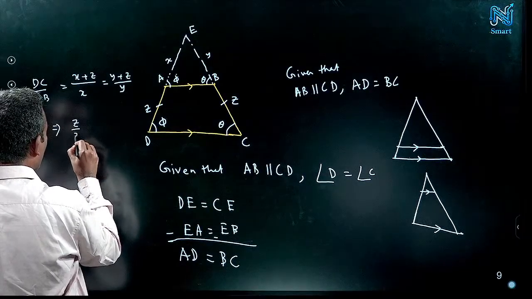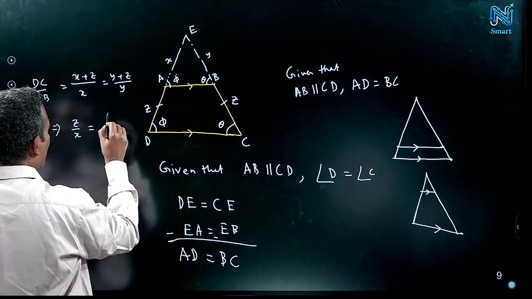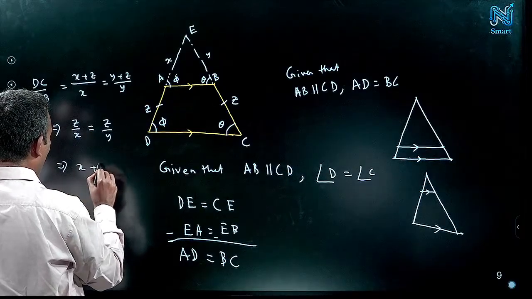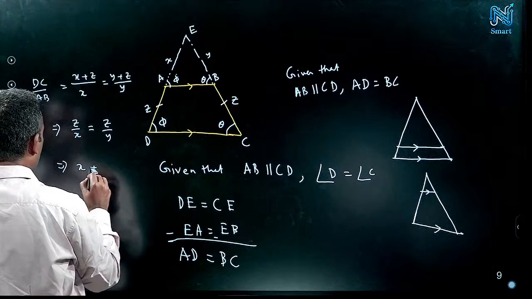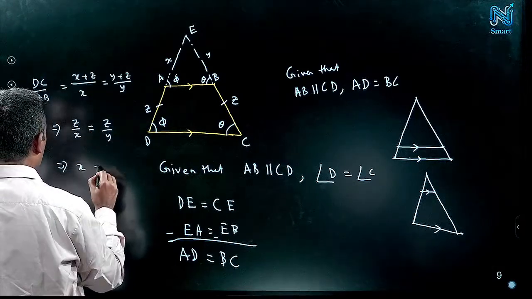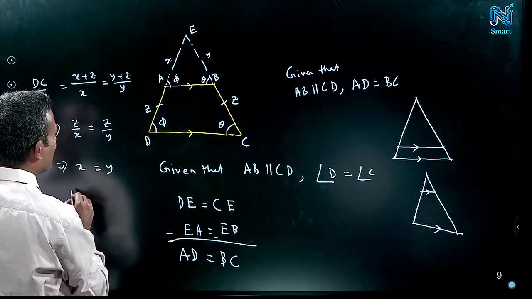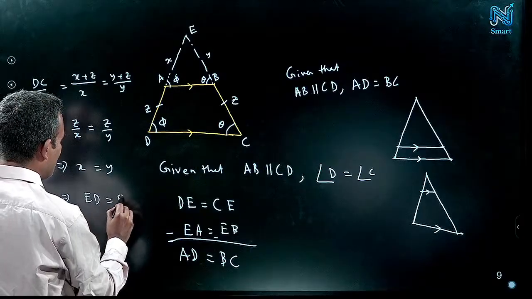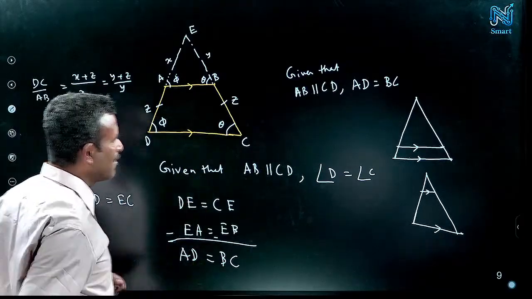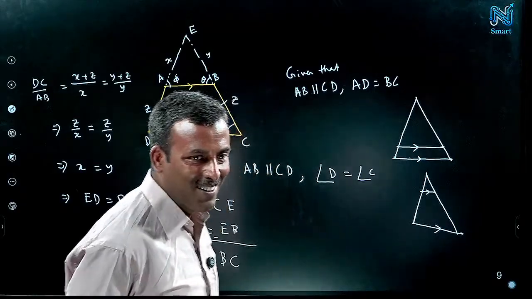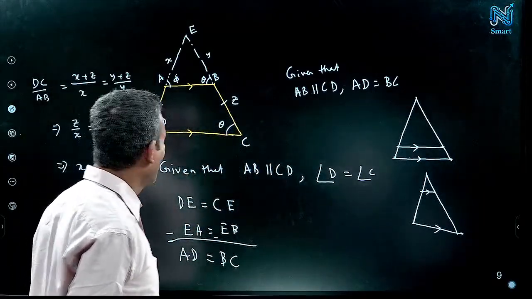Z by x is equal to z by y. So then is it the reciprocal of it? No, it's x equal to y. X equal to y, z cancels. X equal to y means ED is equal to EC. That means two angles are equal. Clear? You have to use the similarity.